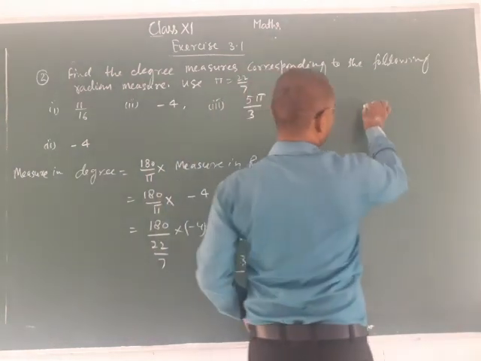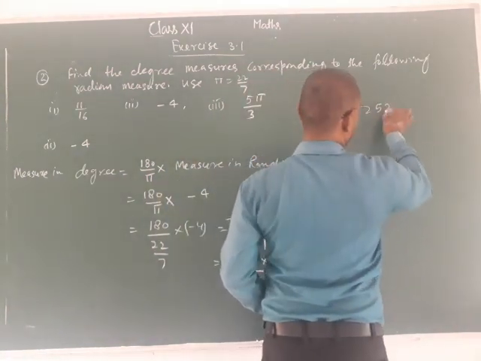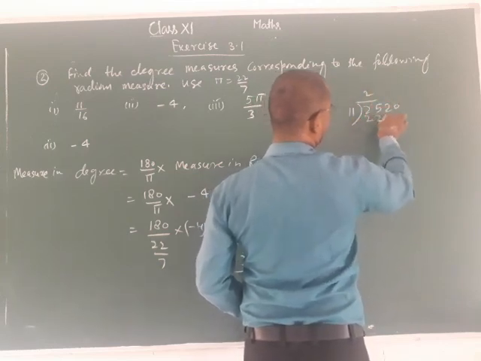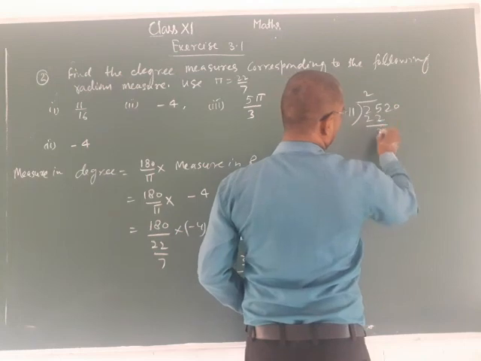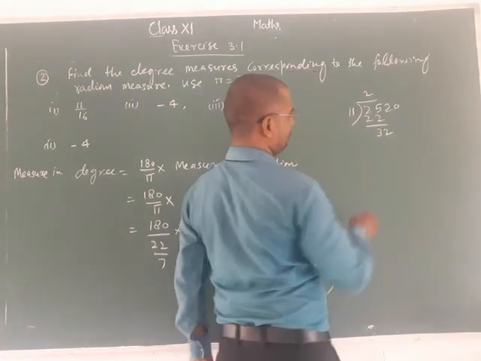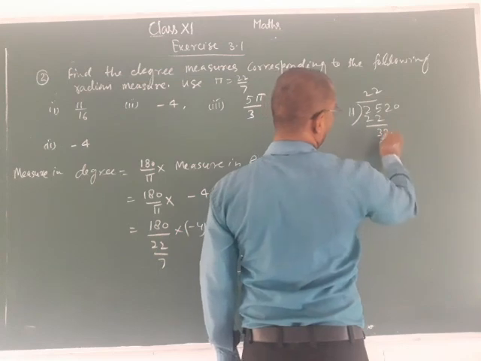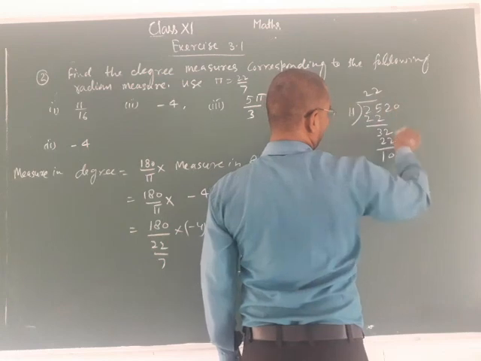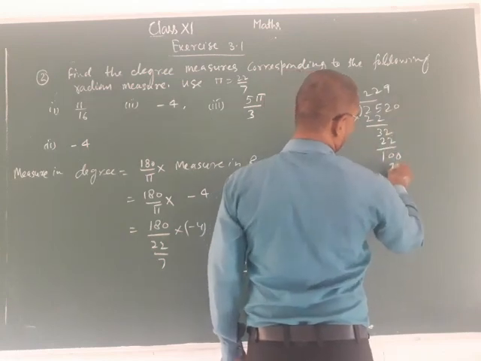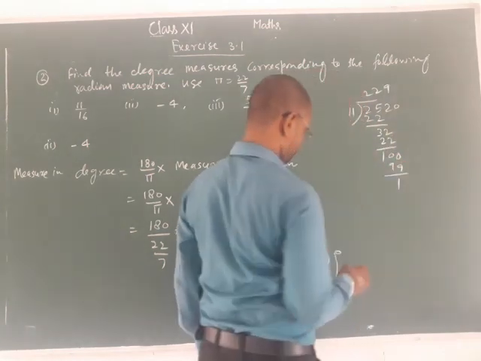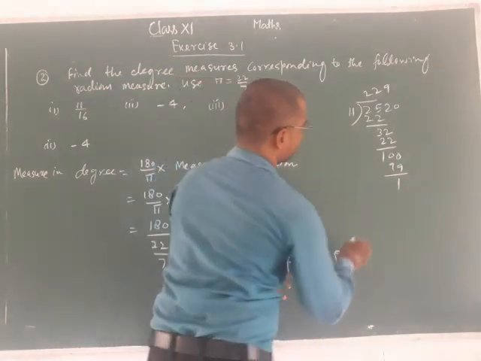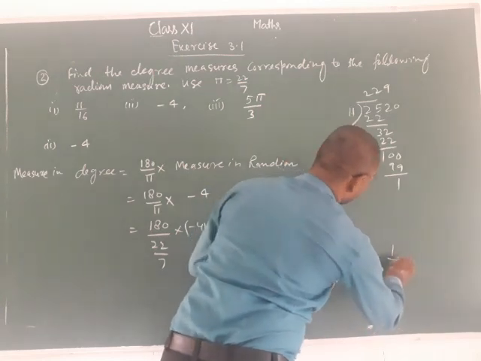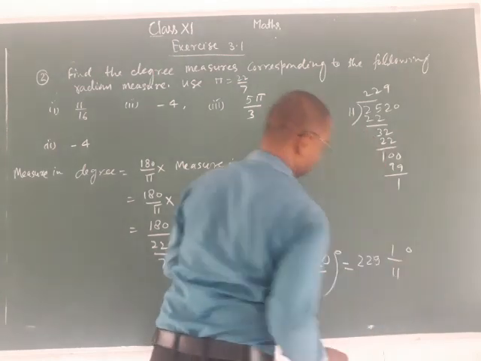So now 2520 divided by 11: 11 twos are 22, and so on, giving 229 whole 1 upon 11 degree.